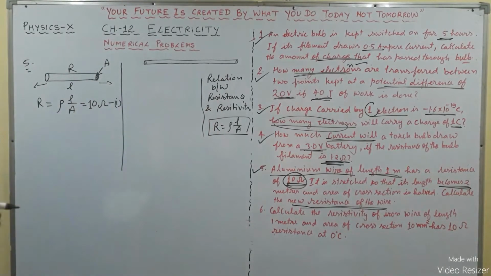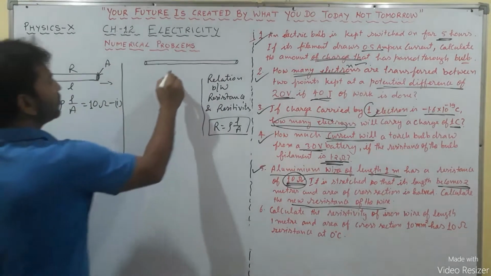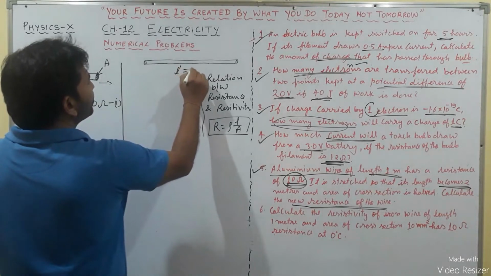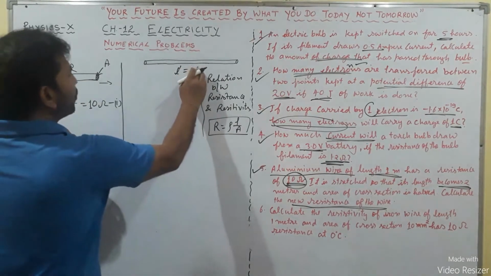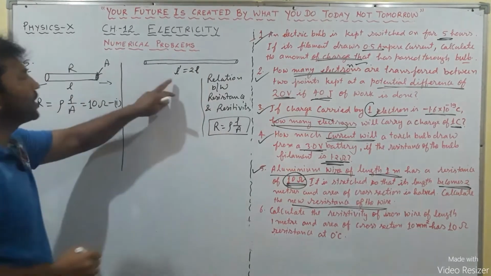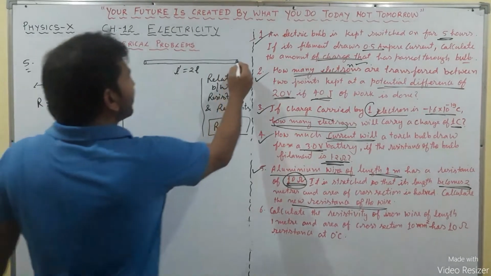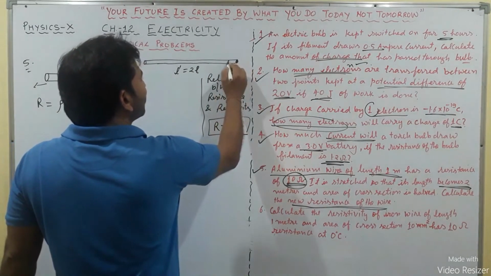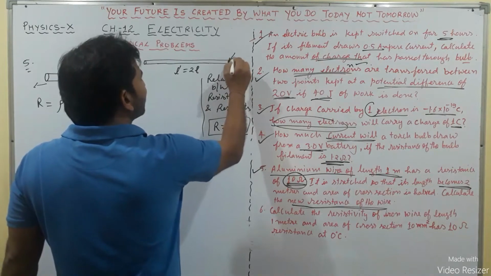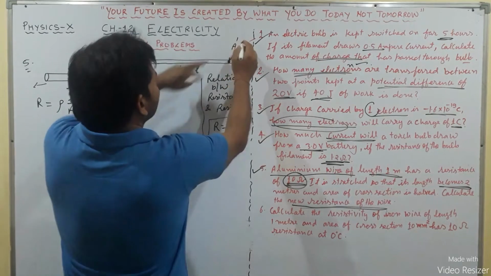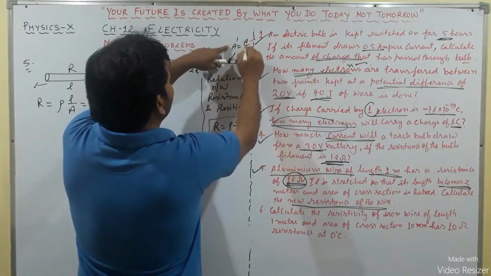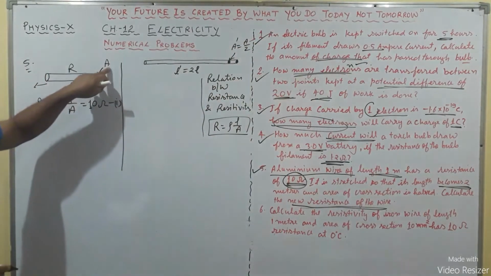The material is same, volume is same, but the length becomes double than its original length. Let the new length be L dash, and the area of cross section becomes, let it be A dash, half of the original area.